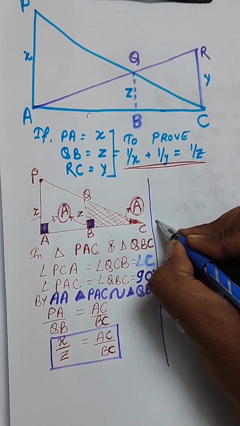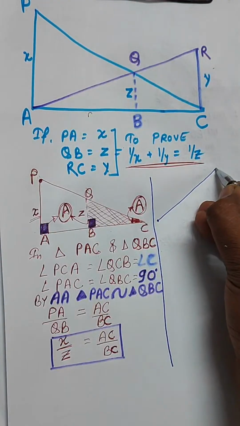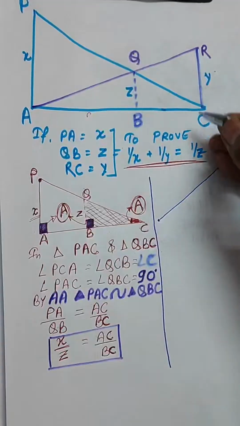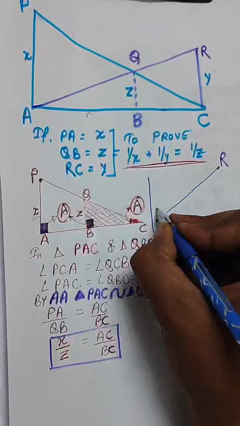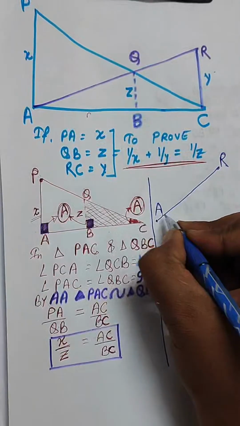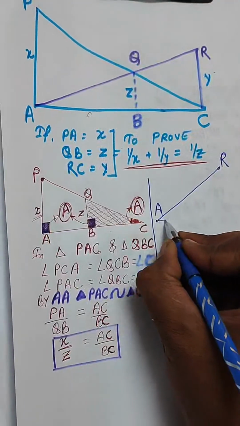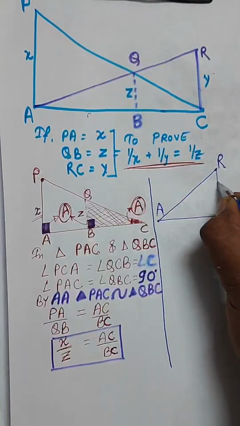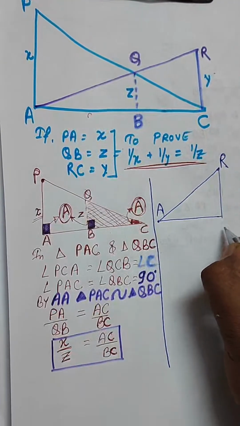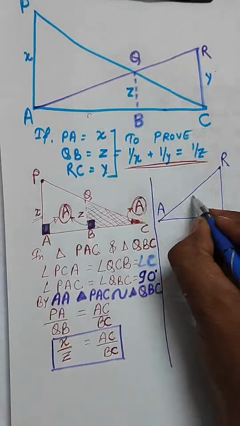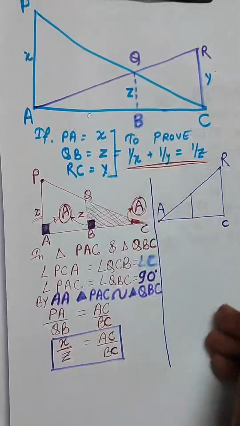This will be A going directly to R. I'm just making a replica of this, nothing more. This is A, R. This will be C. Similarly, this will be QB.